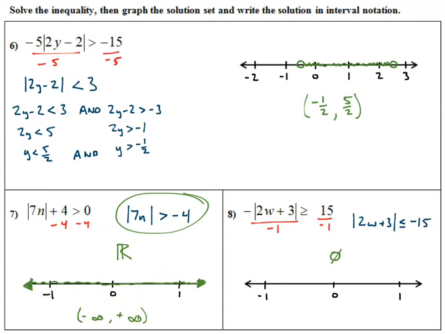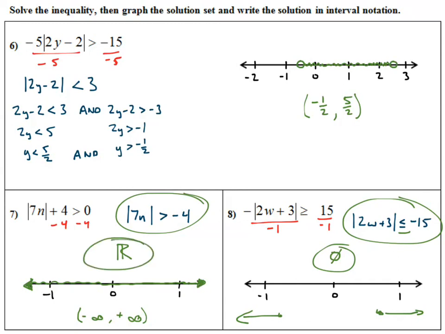For the AND inequality over here, because it's less than, we'd find that we'd have a solution going this way and a solution going this way with no overlap, and that's why there's no solution. So we could have two possibilities here when we are comparing an absolute value inequality to a negative, greater than or less than. Either we're going to have all real solutions or no solutions.